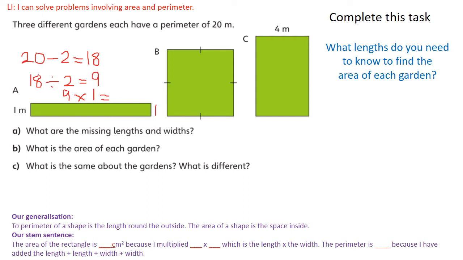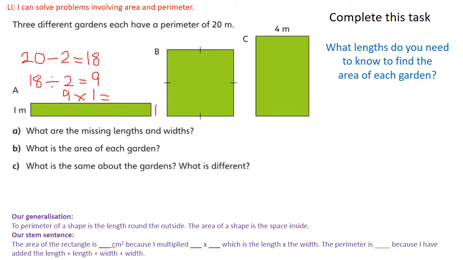So we're going to do 20 take away 2, which is 18. 18 divided by 2, because we have two other sides, equals 9. So the length of our garden is 9. So to find the area, all we need to do is 9 times 1, length times width, and that will give us the area of A.